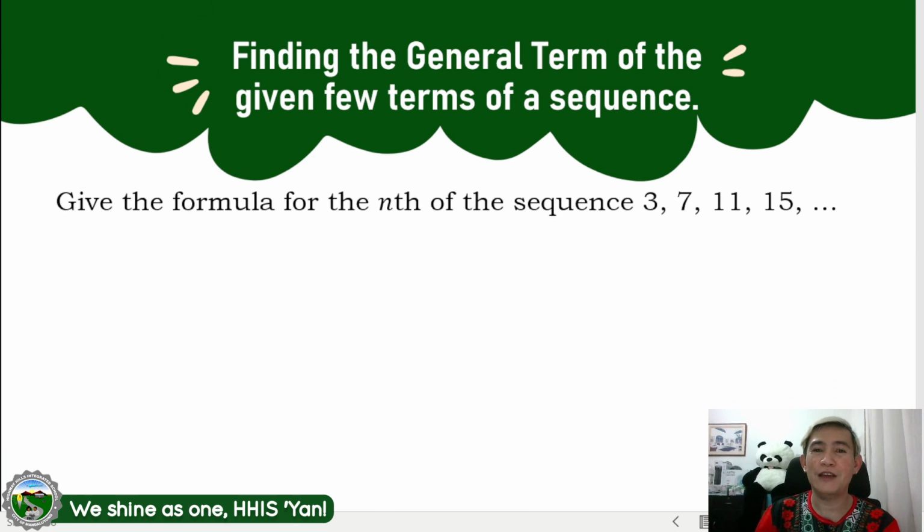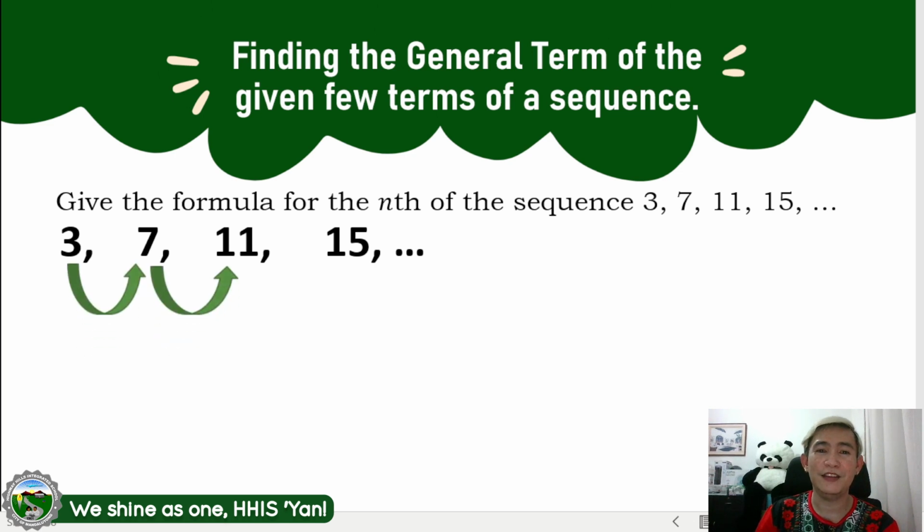Give the formula for the nth term of the sequence 3, 7, 11, and 15. First step is we have to write the given sequence. Next is we have to study the pattern rule. So 3 becomes 7, 7 becomes 11, and 11 becomes 15.